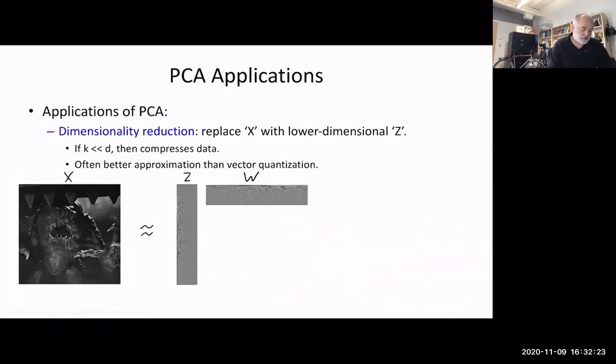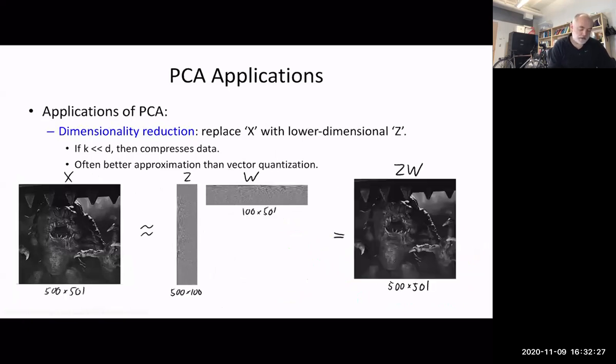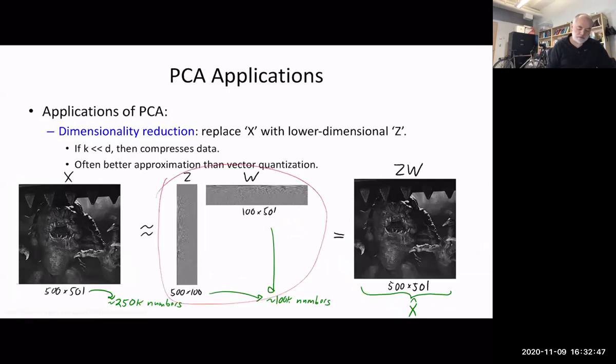This works in higher dimensional spaces. So here's another data matrix X. You can decompose this into the product of Z and W. So the original matrix is 500 by 501, Z is 500 by 100, and W is 100 by 501, excuse me. If you fit this matrix factorization method, again, we'll say it's PCA, the original image has 250K numbers.